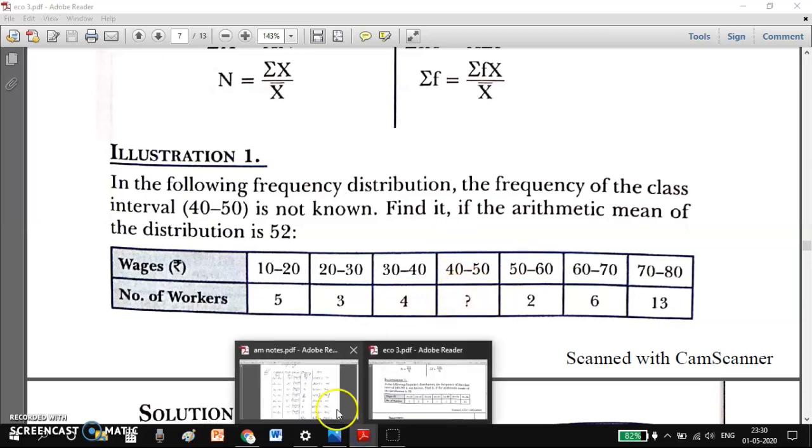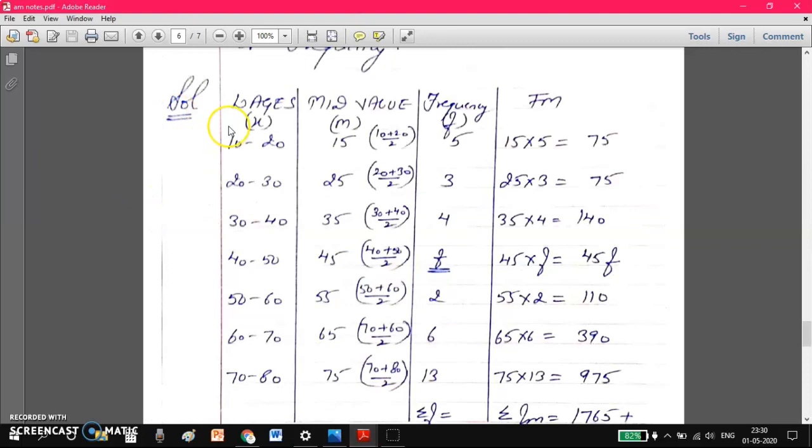So let's move to the solution. The class intervals are written like this, and out of them we'll calculate the mid value x. Mid value you know very well, that is L1 plus L2 by 2, that is 10 plus 20 by 2, which is 15, and so on for all of them.